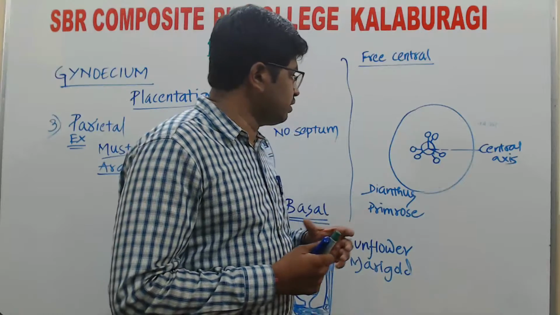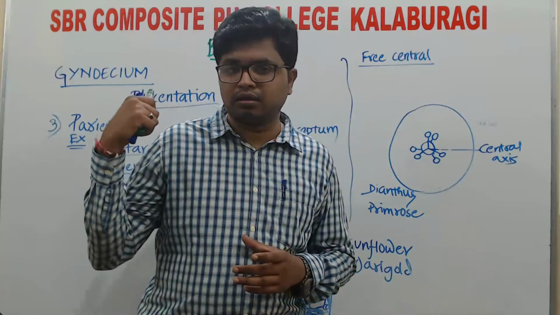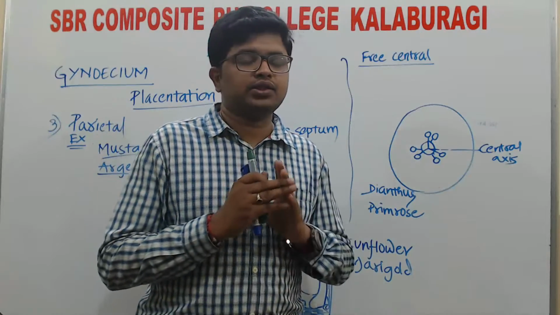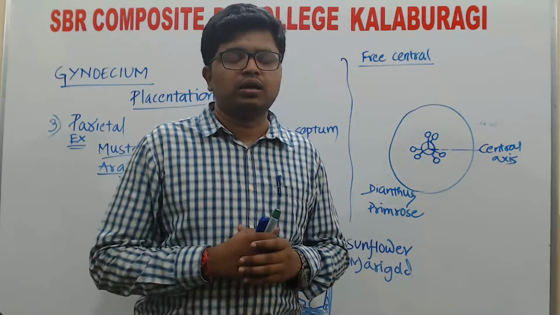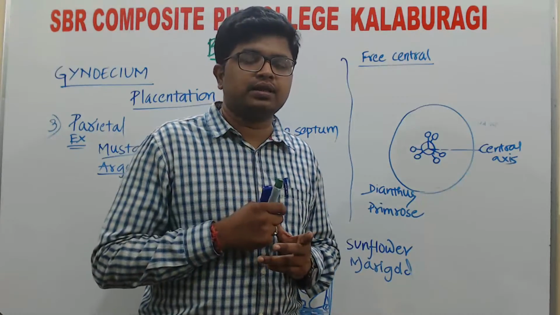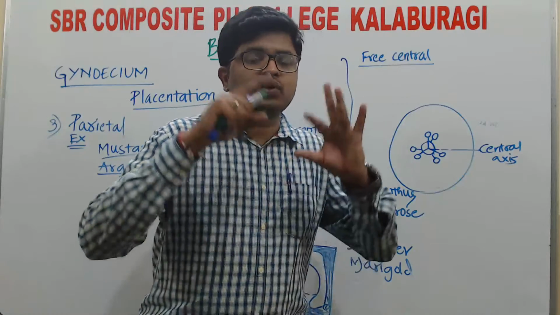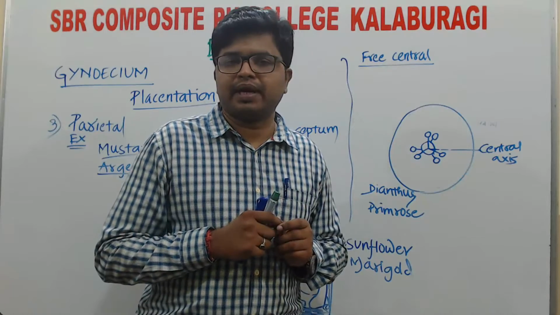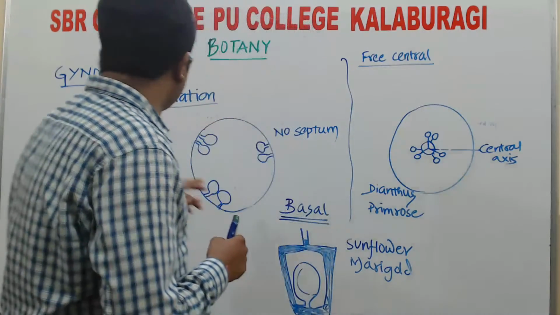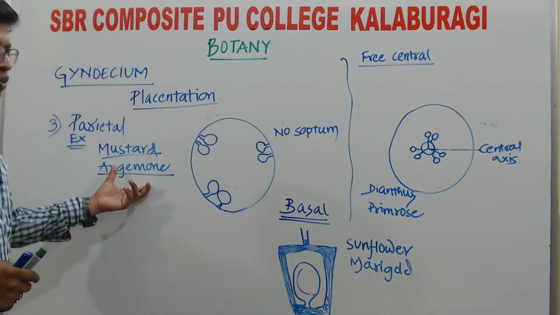With respect to the parietal, you will see that there is a false septum. Pseudo septum means there is no wall, and you will see the ovules are placed on the margin. That's why we call them parietal. The examples are mustard and argemone.